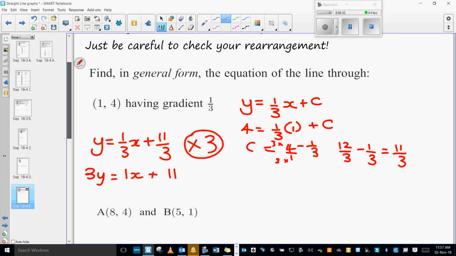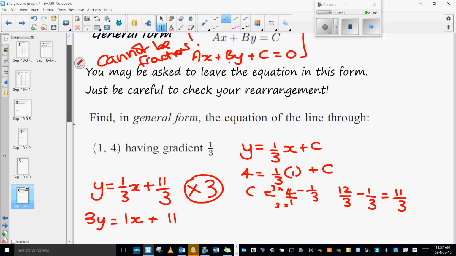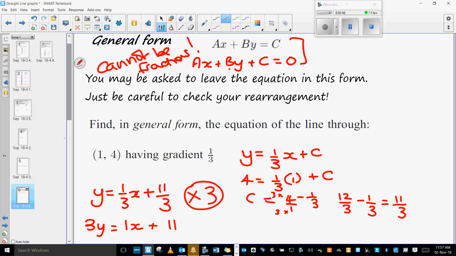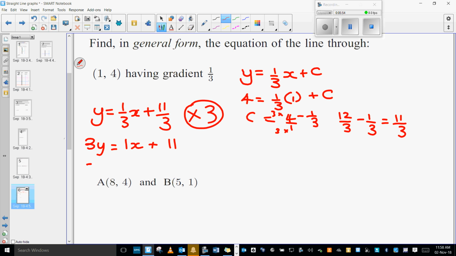Now, at this point, I've eliminated my fractions, so you need to double check which format they want it in. Usually if they've asked for the x first, they normally want that value to be positive. So it's unlikely that we would write negative x plus 3y equals 11.